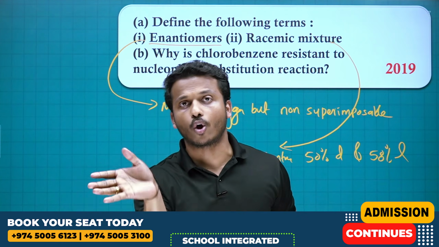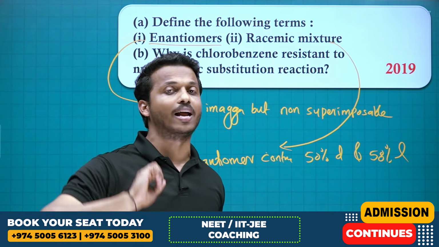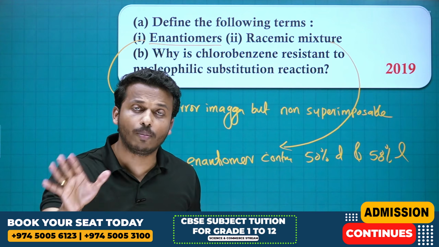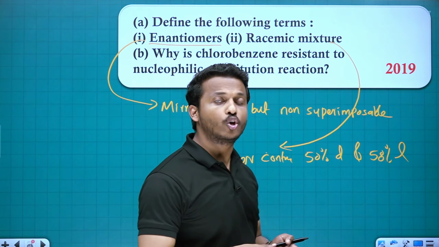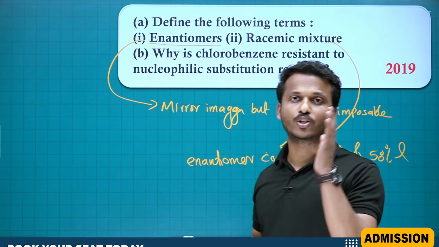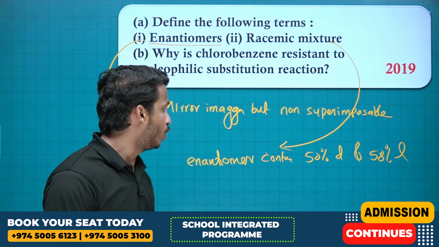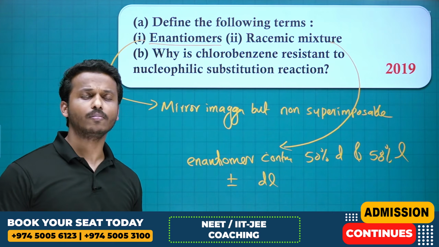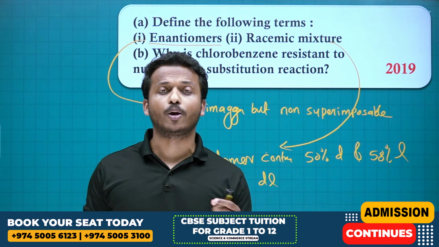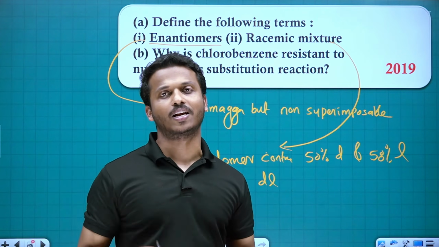Dextro means it rotates clockwise and levo means it rotates anti-clockwise, right? So 50-50 means one dextro is cancelled by the other levo. They are represented by the symbol plus-minus or DL. And they are optically inactive because the optical rotation of one is cancelled by the other.